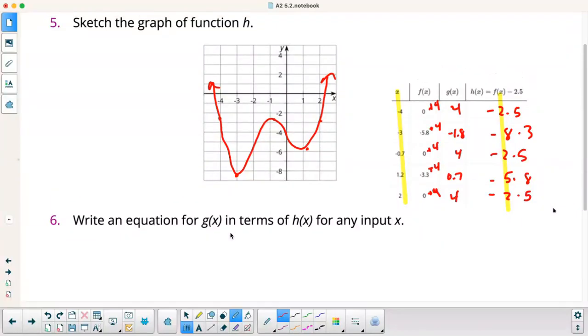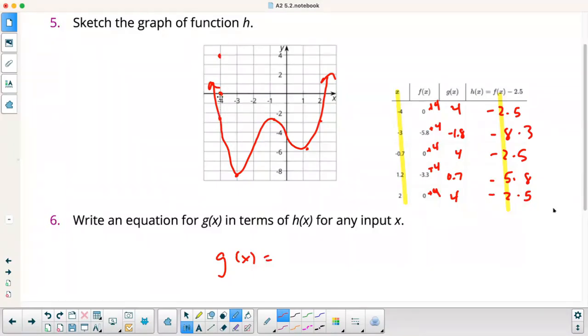Write an equation for g of x in terms of h of x. Okay, so g of x was up from f. Let's say f was here, and then g was up here at 4.